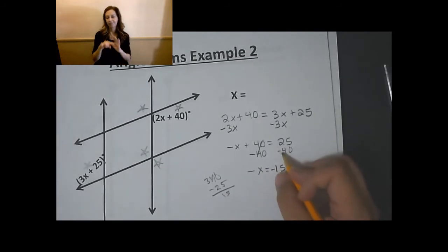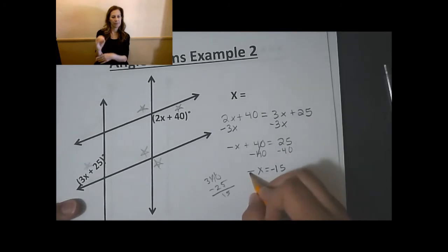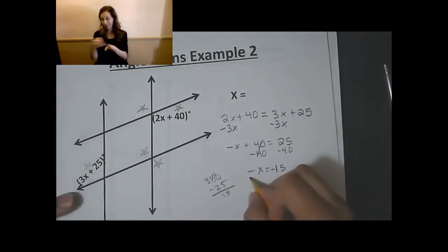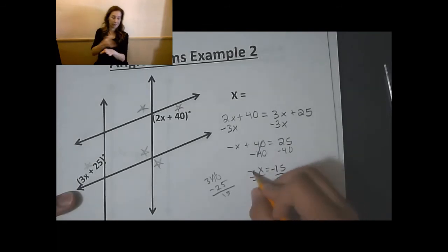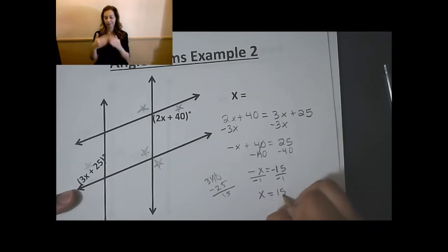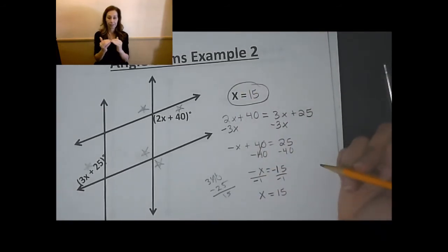Take the sign of the further number away from 0, and here's a negative. Whatever I do to one side, I have to do to the other. So I'm just going to divide by negative 1, because a negative divided by a negative is a positive, so I get positive x equals 15. So x equals 15. There we go.